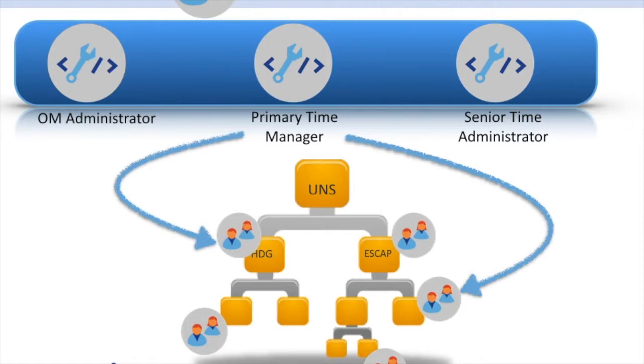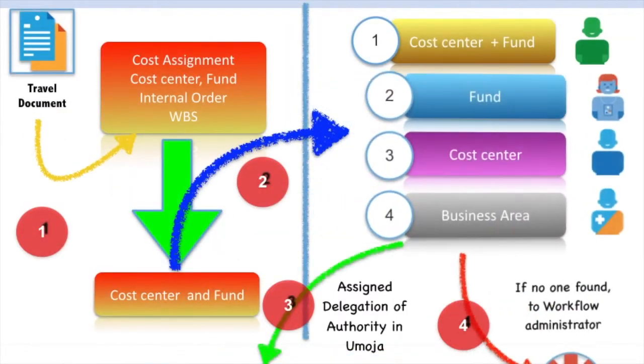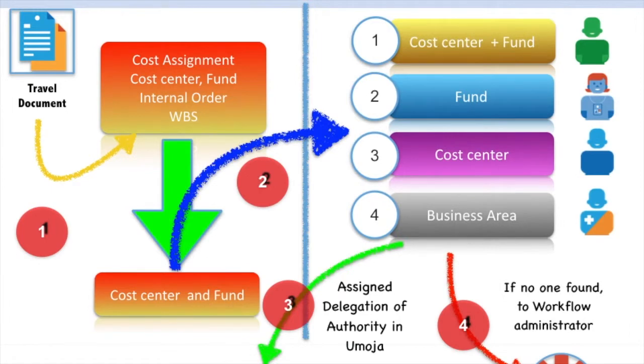The next part of the complexity is the determination of the certification officers. When a transaction, for example a travel document, is created, the travel document can have an account assignment, such as a cost assignment based on cost center, fund, internal order, or WBS.